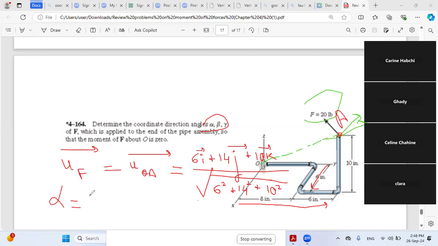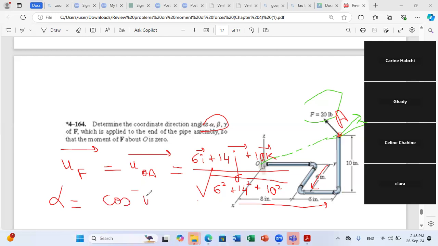We can find the vector F, and then we can do cosine inverse of Fx over F. Okay, no need to find vector F, because you already have the unit vector, so you can say alpha is cosine minus 1 of U_OA in x.